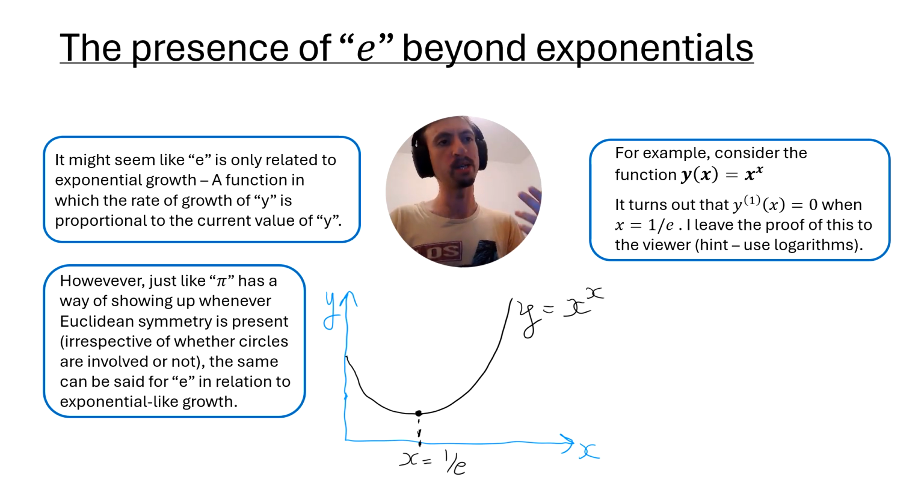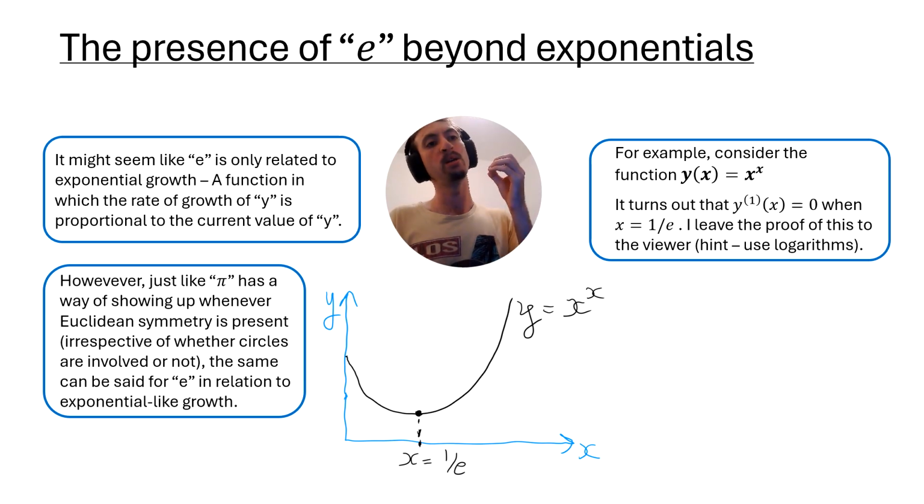And this emphasises the point that if our function is anything like y equals a to the x, even when a isn't a constant, so even when we're not having an exponential function, still Euler's constant will play a starring role within some fundamental property of our function.